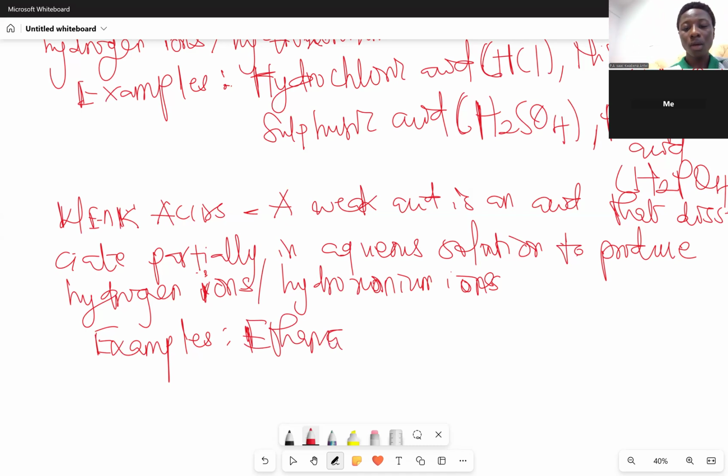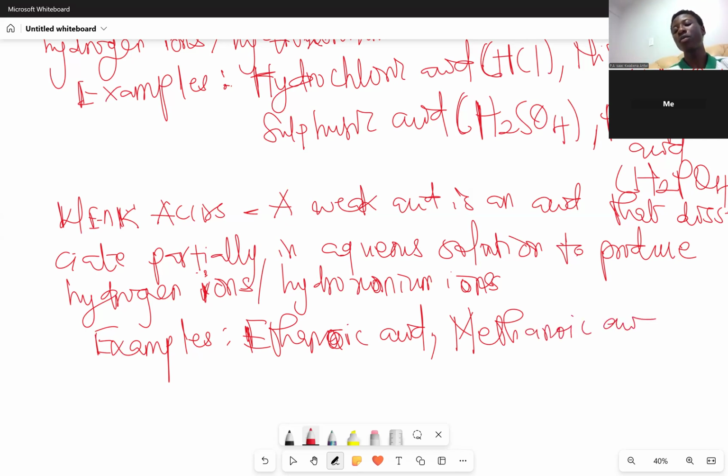You get to know a lot of them. We have ethanoic acid, we have methanoic. Ethanoic acid is gotten from alcohol. We have methanoic acid. This is a kind of acid gotten from ants or bees. We have butanoic. All these are weak acids.